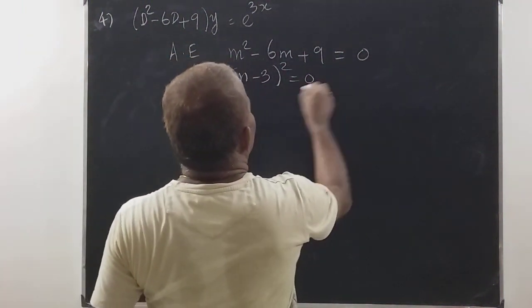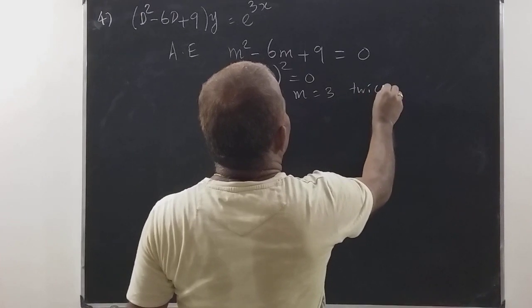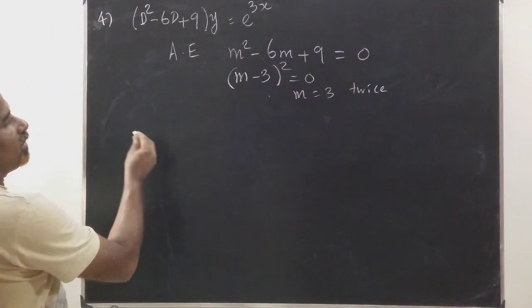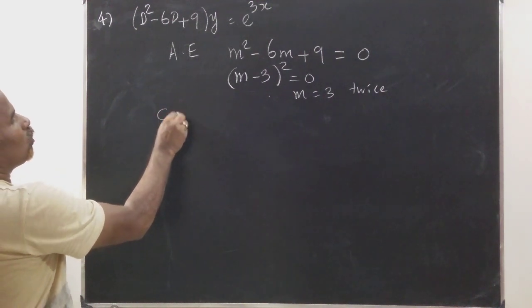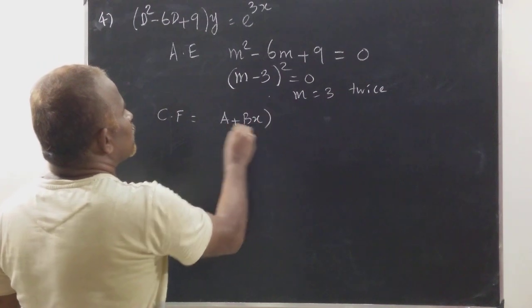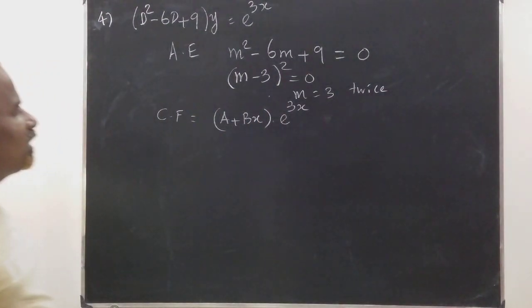So m is equal to 3 twice. The roots are real and equal. So the complementary function is A plus Bx into e power 3x.